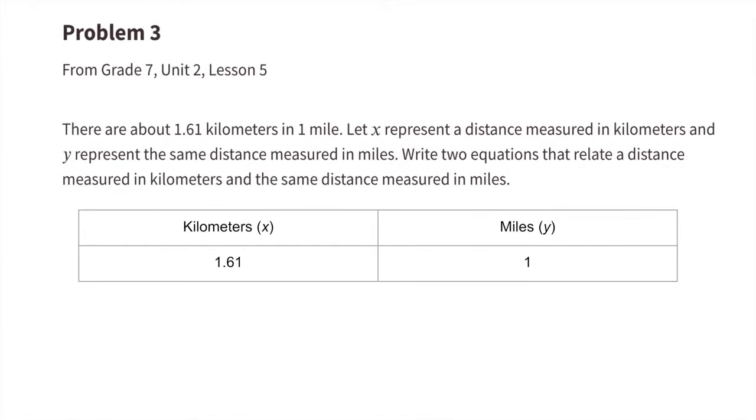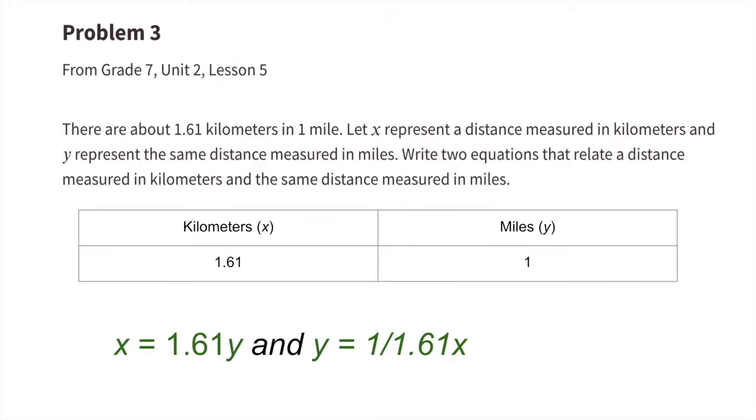In the left column, we have kilometers, or x, at 1/6100. On the right-hand column, we have miles, or y, at 1. X equals 1/6100 y, and the other equation would be y equals 1 over 1/6100 x.